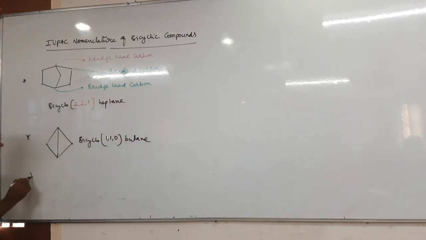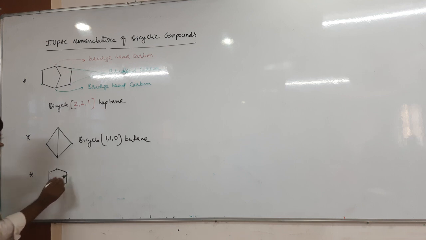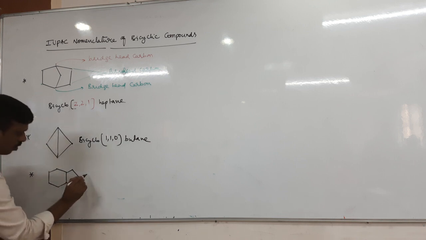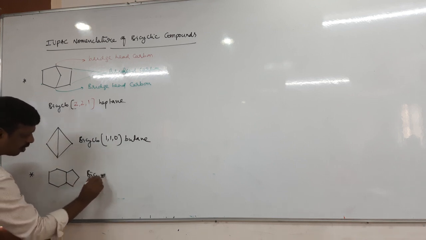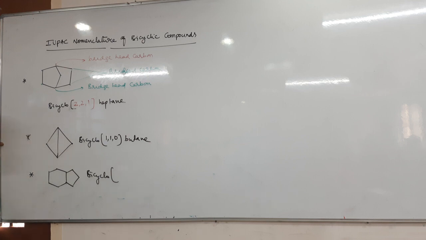Next. Tell me. Bicyclo. So how many bridged carbons? 1, 2, 3. Here it is 1, 2, 3, 4.